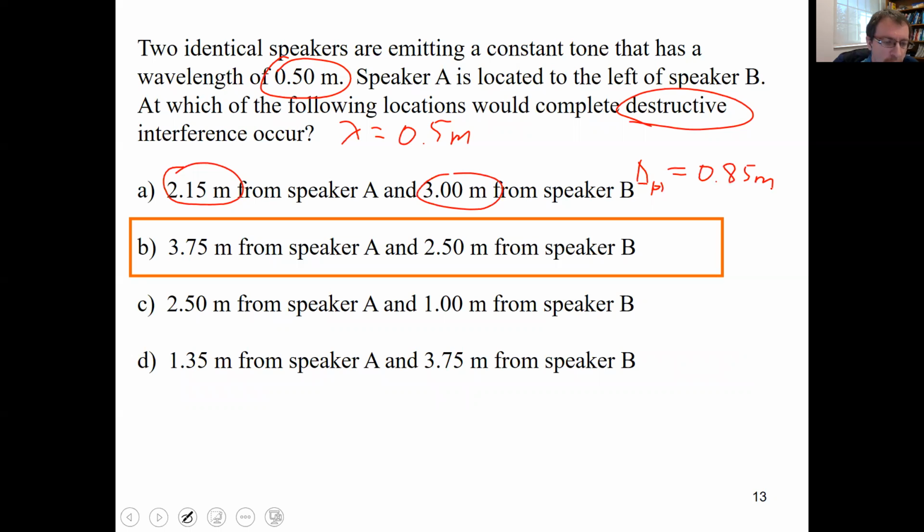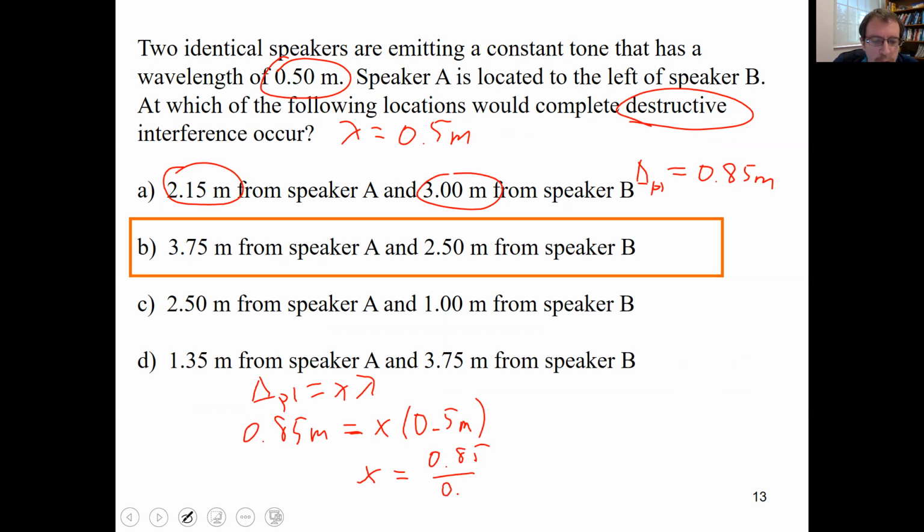Well, delta PL is equal to X lambda. 0.85 meters is equal to X times 0.5 meters. X then would be equal to 0.85 divided by 0.5.